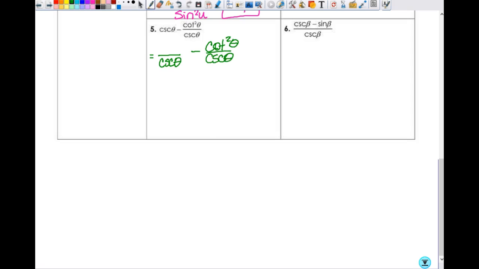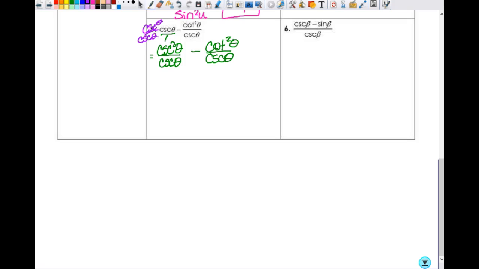Yes, the first one has to be multiplied. So this is like over 1. I have to multiply it by cosecant over cosecant, right? So this becomes cosecant squared theta in the numerator, because I had to multiply this by cosecant theta over cosecant theta, right? And so cosecant times cosecant is cosecant squared.